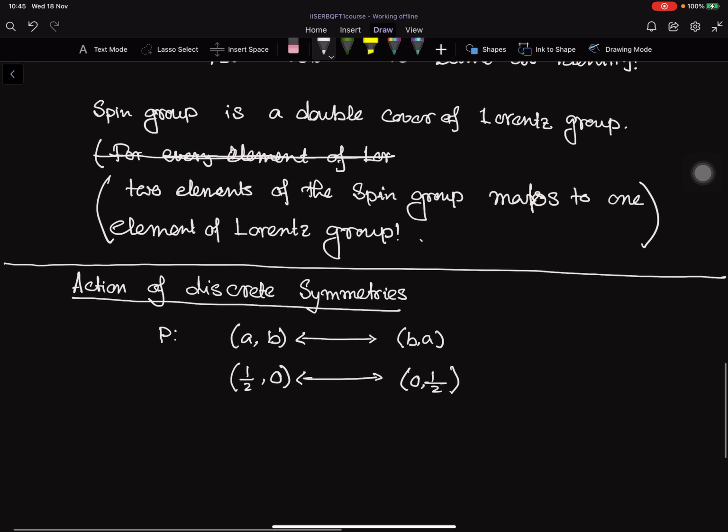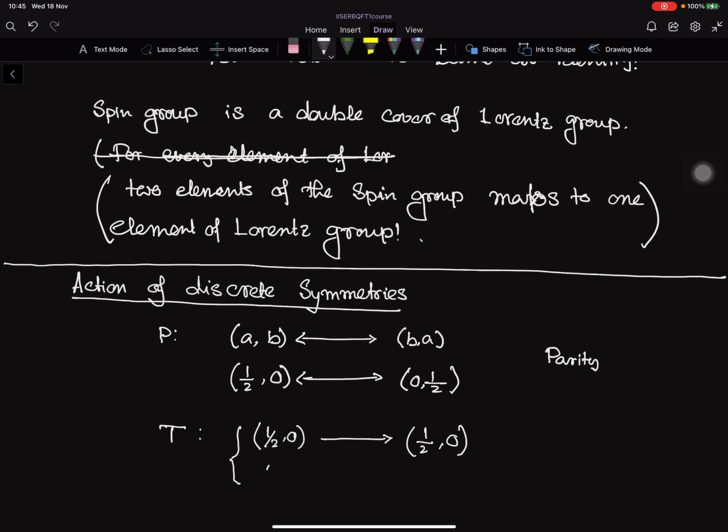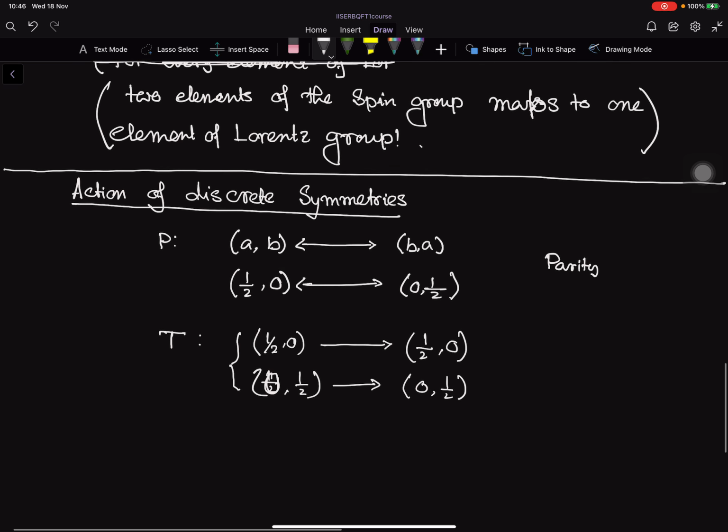Similarly, under charge conjugation, okay, let me do the time reversal first. This is for parity. Under time reversal, the left-handed representation remains left-handed, and the right-handed remains right-handed. Okay.